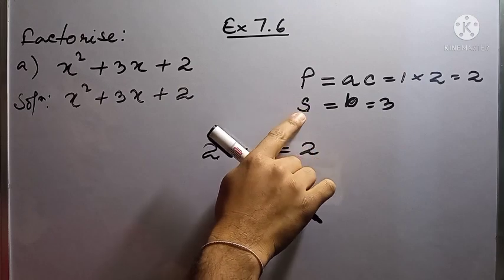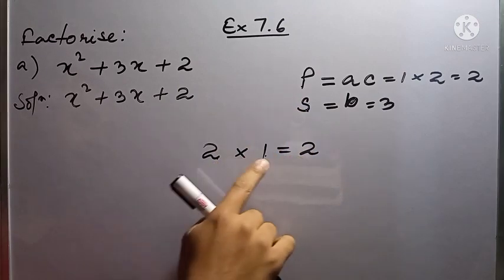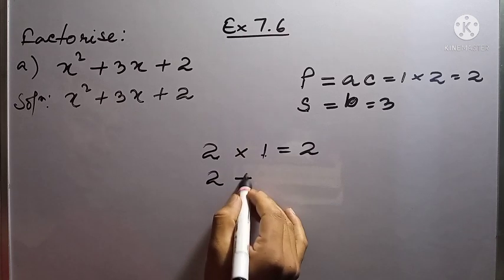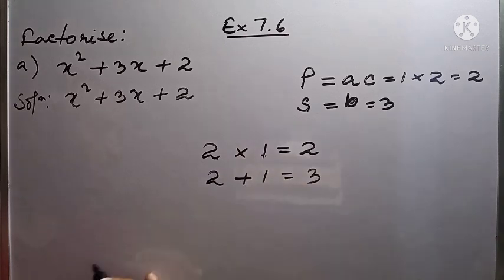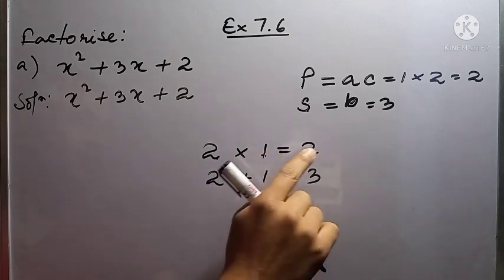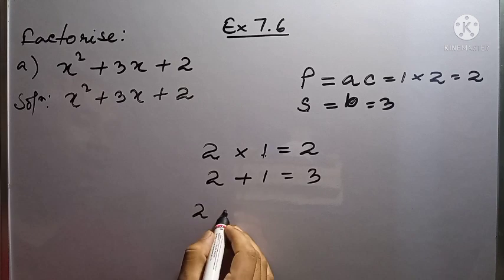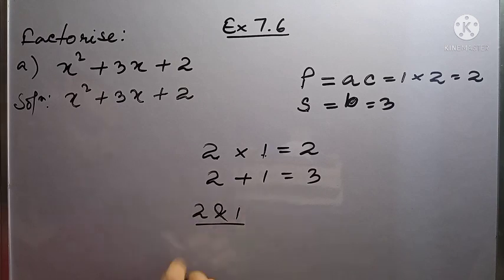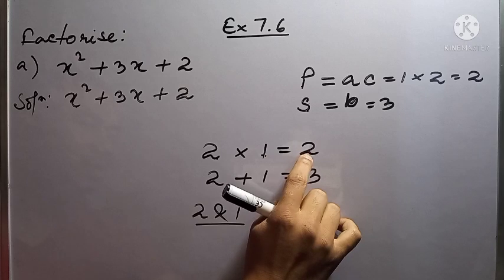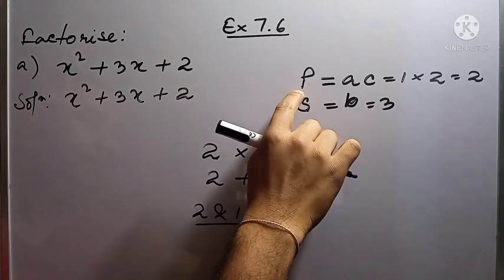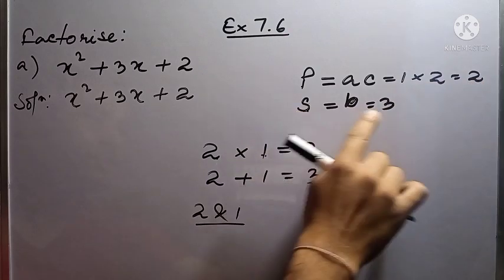S means sum, so let us add the same two numbers, 2 and 1. We get 3. So the pair of numbers whose product is 2 and sum is 3 are 2 and 1. If you multiply 2 and 1, you get 2; if you add them, you get 3.